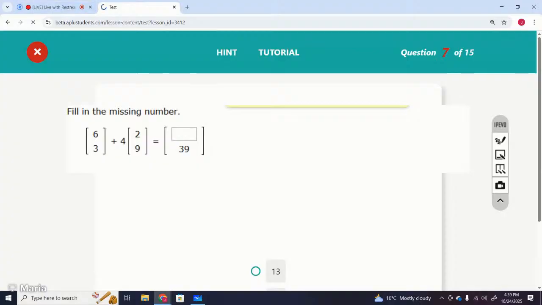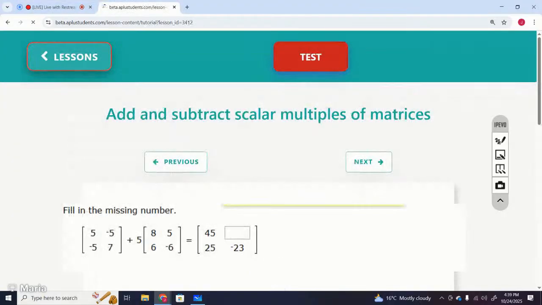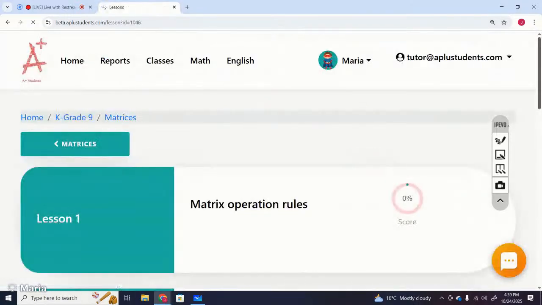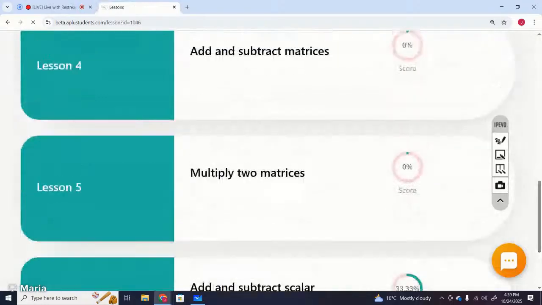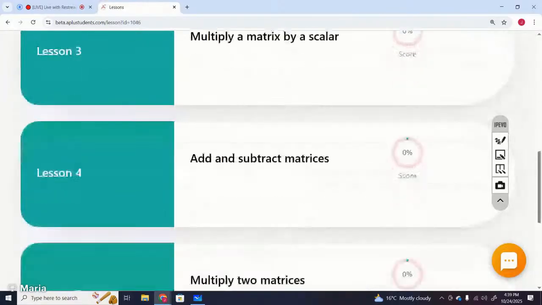Okay, you can complete the lesson by yourself later today. So we were working on grade 9 math. The chapter we were working on is matrices. The lessons we have covered: add and subtract matrices, multiply two matrices, add and subtract scalar multiples of matrices.